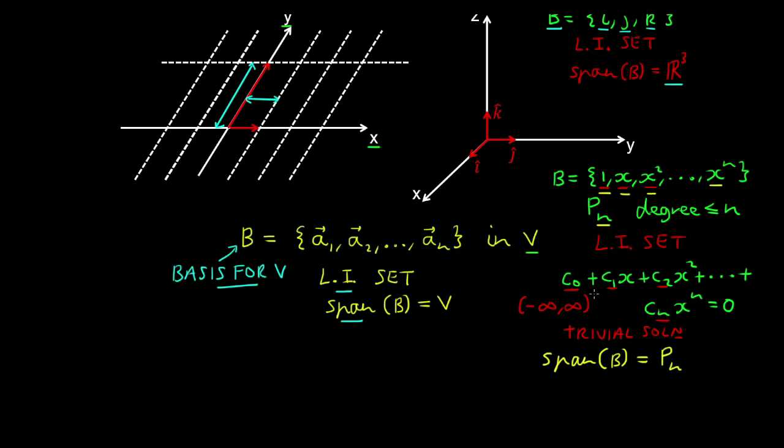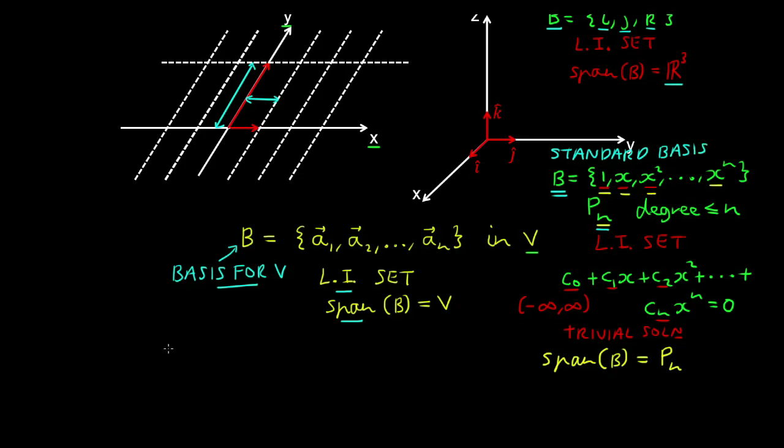So effectively B spans this entire vector space. So any polynomial with a degree less than or equal to n can be expressed as a linear combination of these polynomials. So therefore, B is a standard basis for Pn.